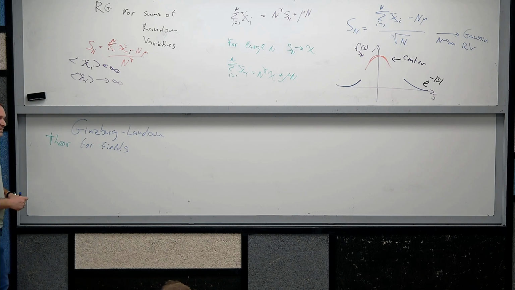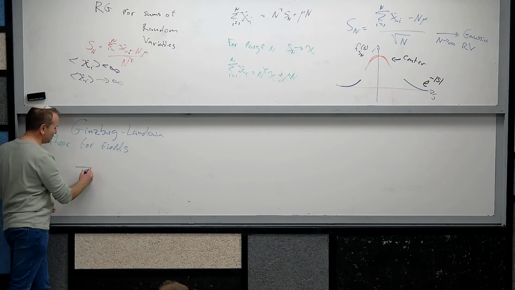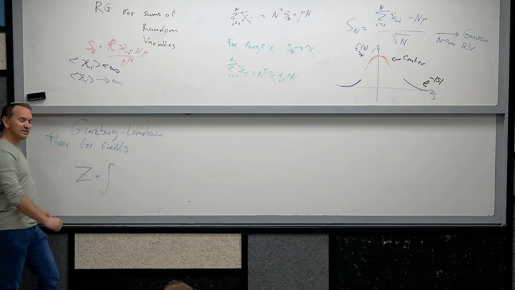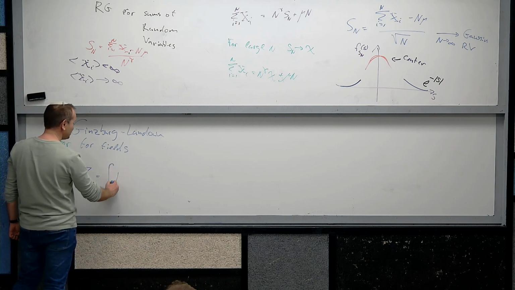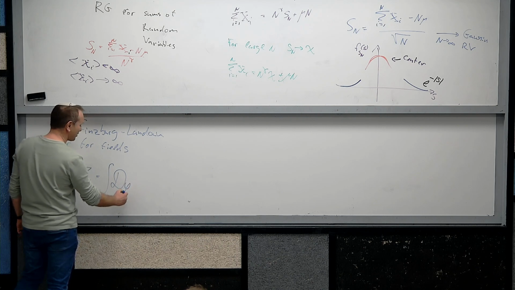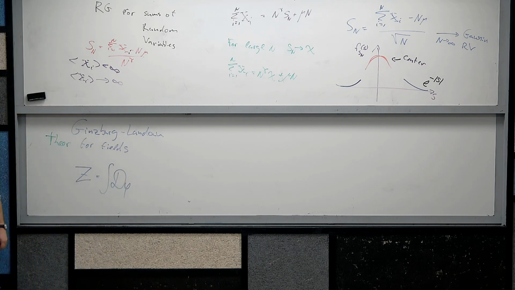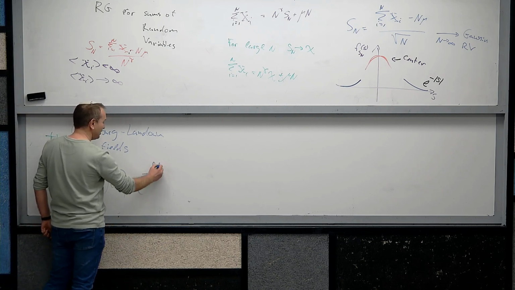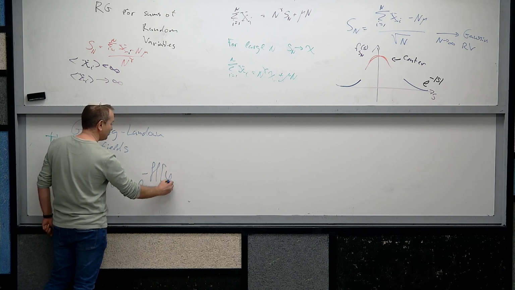The basic quantity that we wanted to compute, which was the partition function, is a functional integral over all the possible representations of the fields, phi. And we had an exponent of minus H of phi.